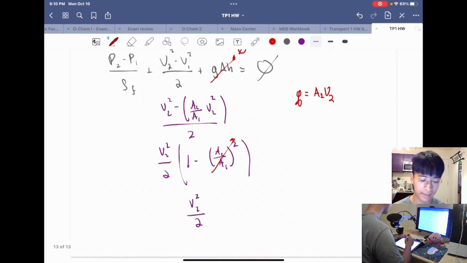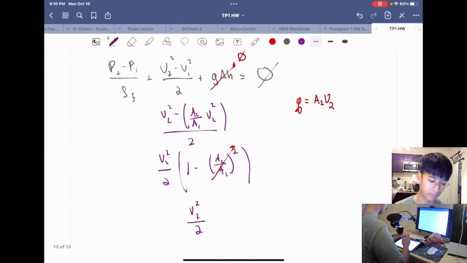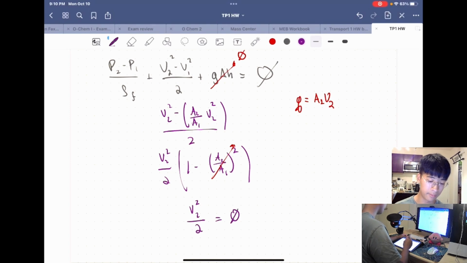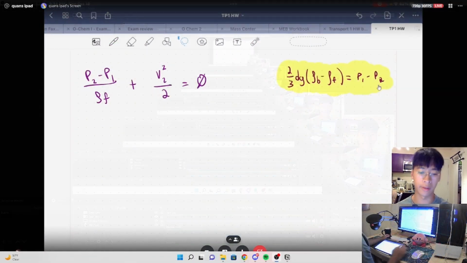So let's look for an expression for V2. So this equals 0. We have P2 minus P1 over rho F, right? Oh, plus. Okay.